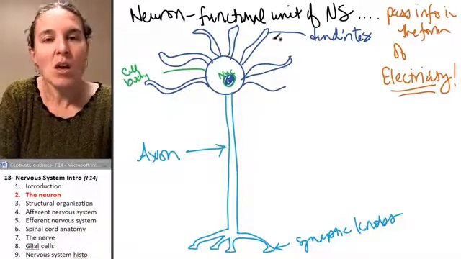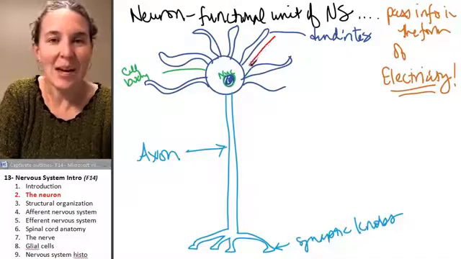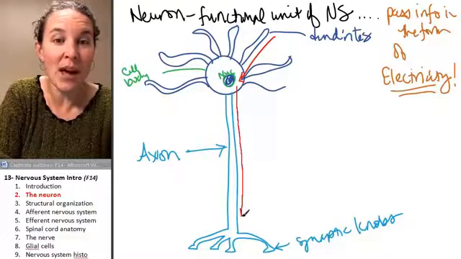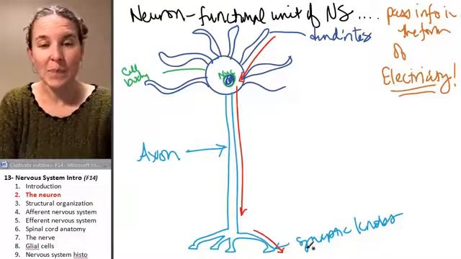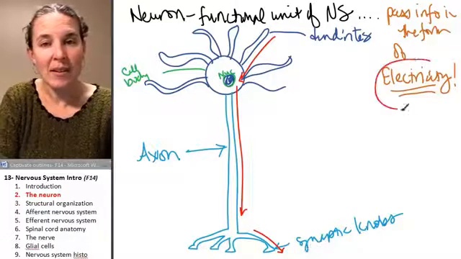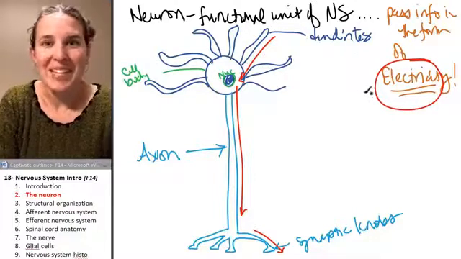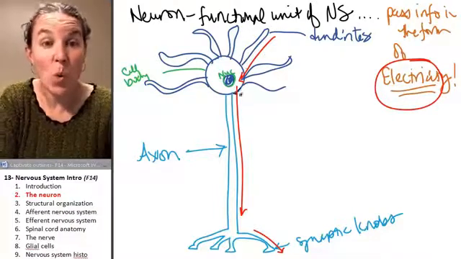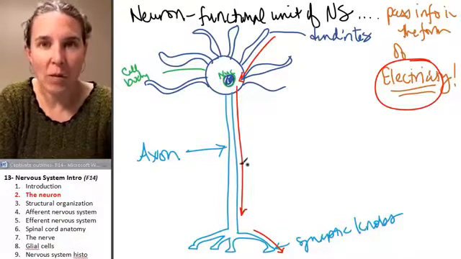So information comes in, electricity, comes in through the dendrites and travels down through the axon and out through the synaptic knobs. And that process, again, is not the important part. So by definition, dendrites deliver information toward the cell body. Axons deliver information away from the cell body.